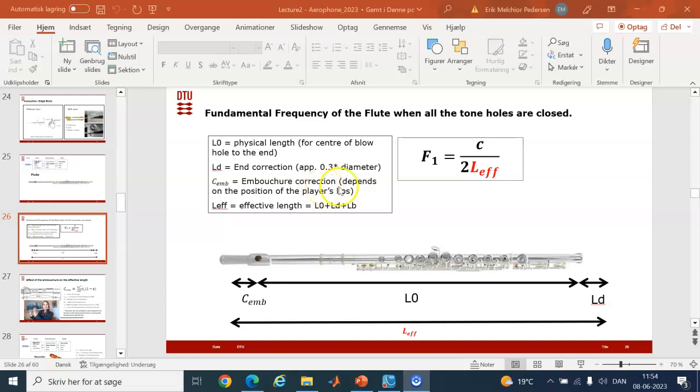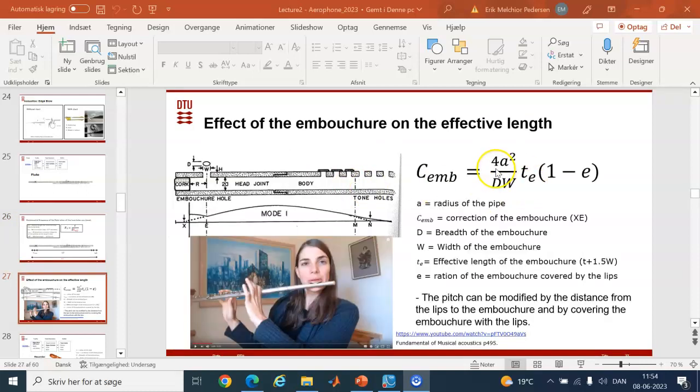C_emb is called the embouchure correction. It is 4 times a squared divided by d times w times t_e times parenthesis 1 minus e. A is the radius of the pipe, 2a is the diameter.